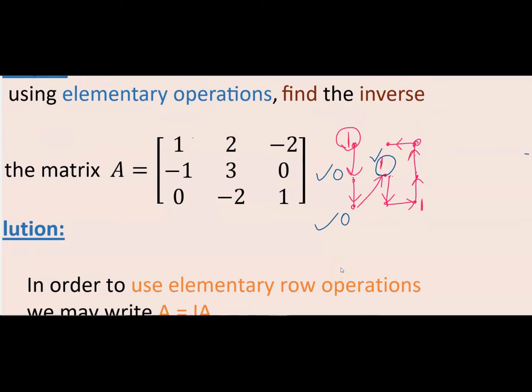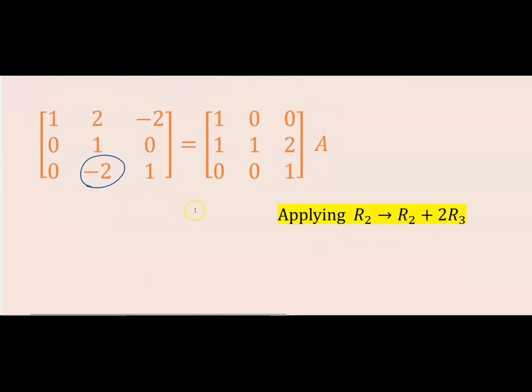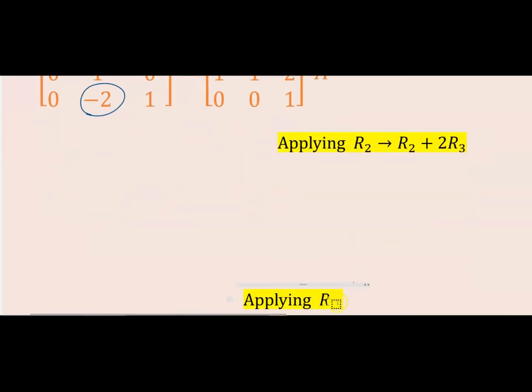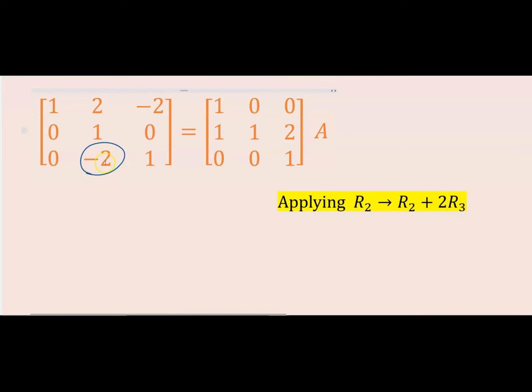Now let's move to the next entry. We need to convert this entry of the matrix to 0. Which operation will we apply here? We will apply the operation to R3, using R2, because if we apply it with R1, this value will change.